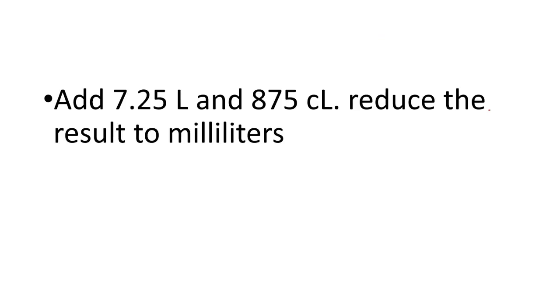Okay. Add 7.25 liters and 875 centiliters. Reduce the result to milliliters. So it's straightforward. Simply, what you can do to make it easier is to convert them first into milliliters. Okay.